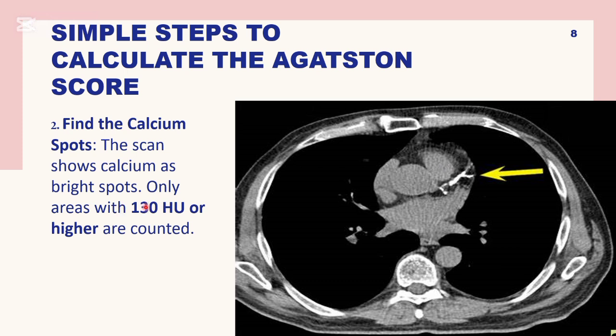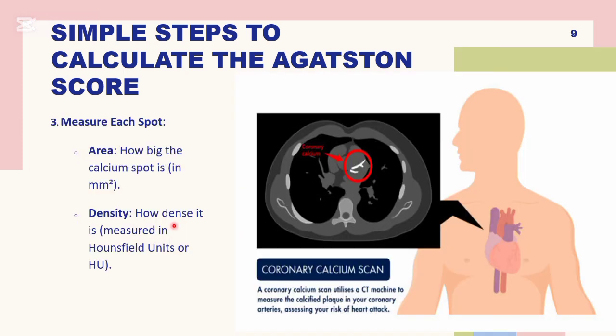But which Hounsfield value is important for us in the case of coronary artery calcium? If the Hounsfield value is greater than 130, we will count it. If it is lower than 130, we will not count that value.